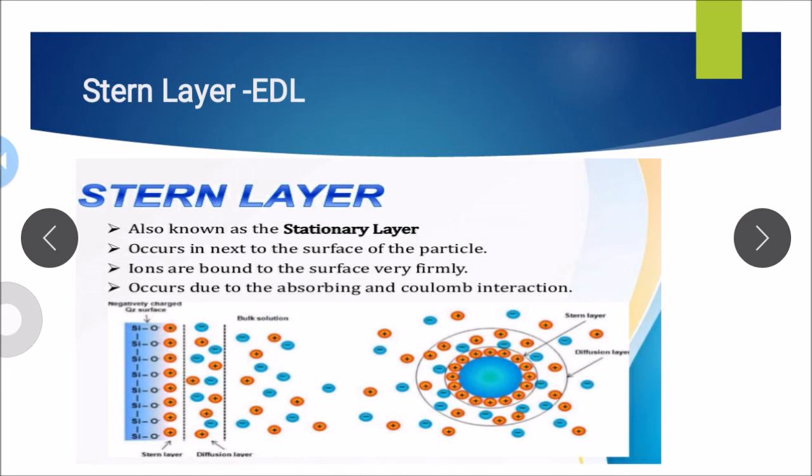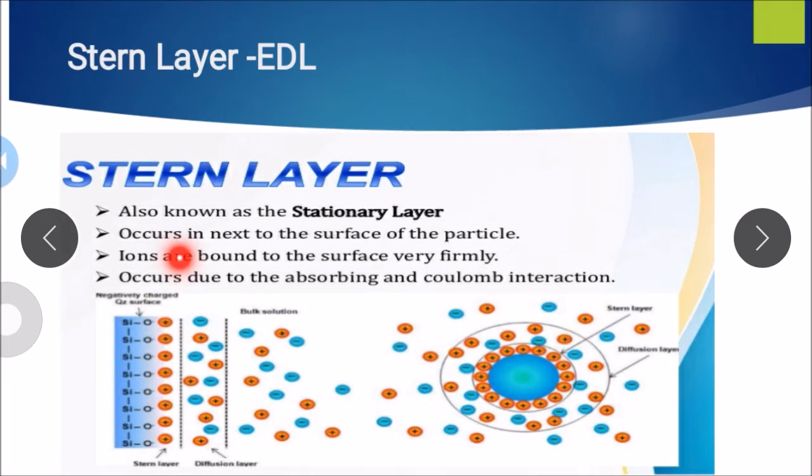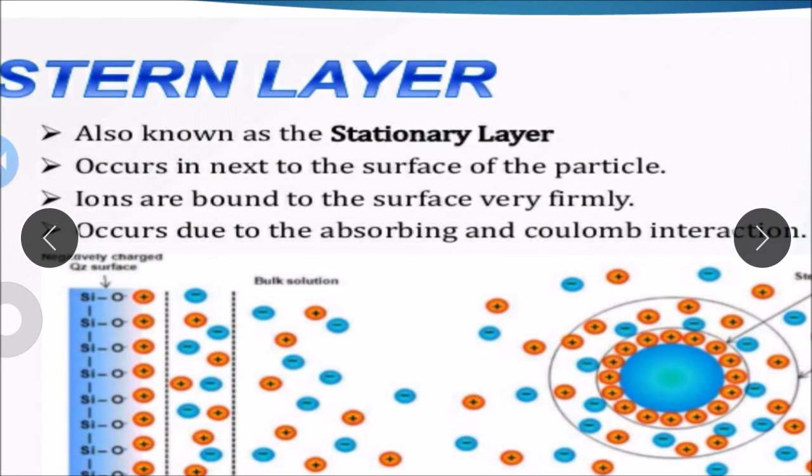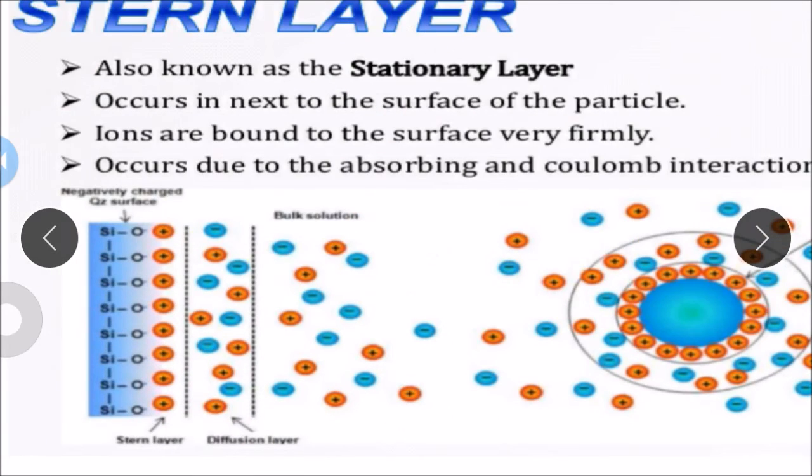This one is the Stern model. This is also known as the stationary layer. The negative metal ion will be attracted by positive ions, or the positive metal ion will be attracted by negative ions. Here the first layer of orange colored ions is the stationary layer.